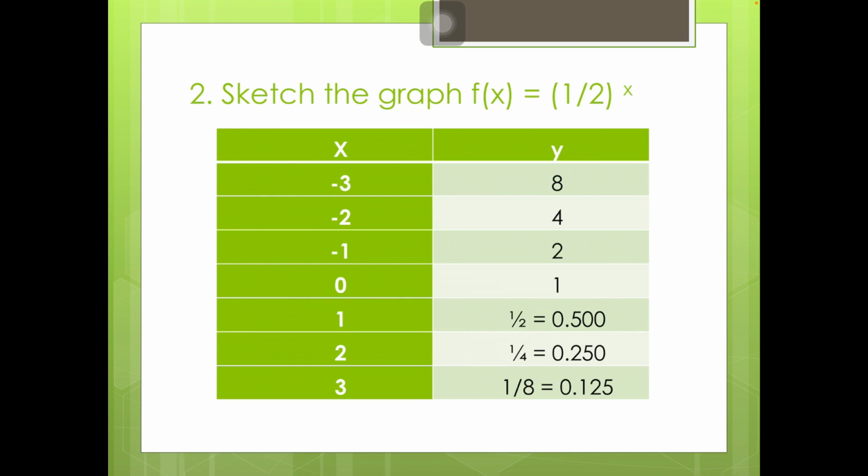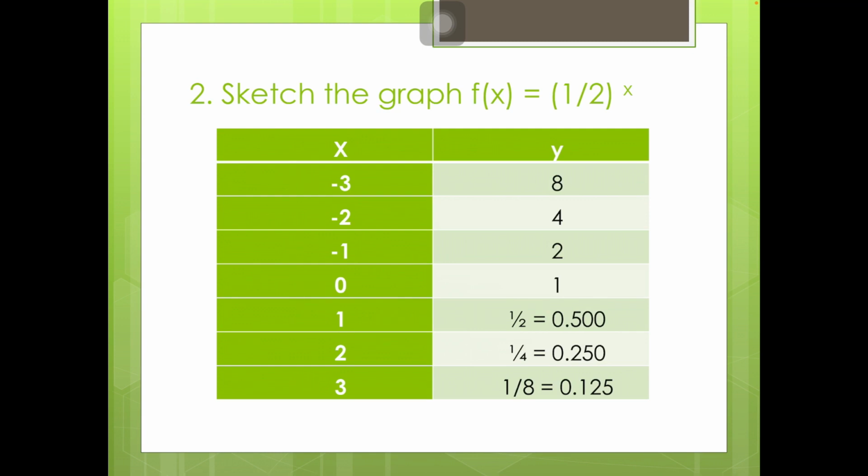In the decimal, we can use 3 decimal places. 1/2 raised to 2 is equal to 1/4. The equivalent of that is 0.250. And for the last, 1/2 raised to 3 is positive 1/8. The equivalent of positive 1/8 is 0.125.